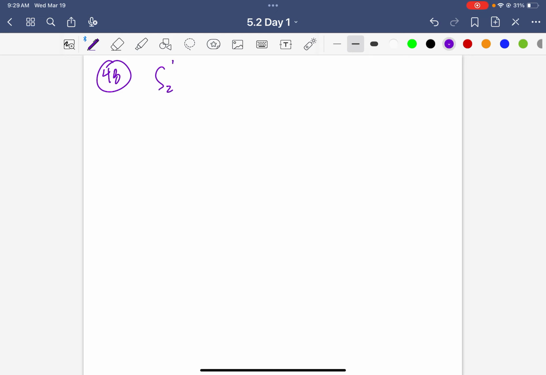So if I want to find this integral, but I know that the integral from 2 to 8 is 7.3, and I also know that the integral from 2 to 4 of f of x dx is equal to 5.9. It wants us to use that information to find the integral from 4 to 8.